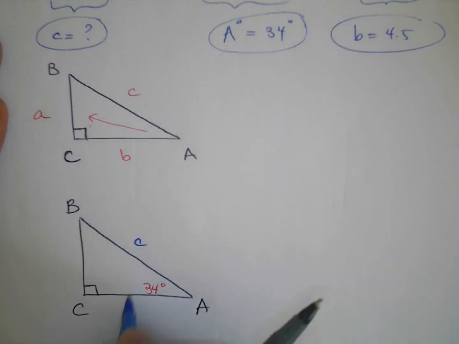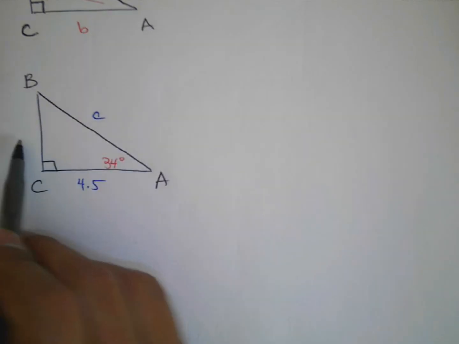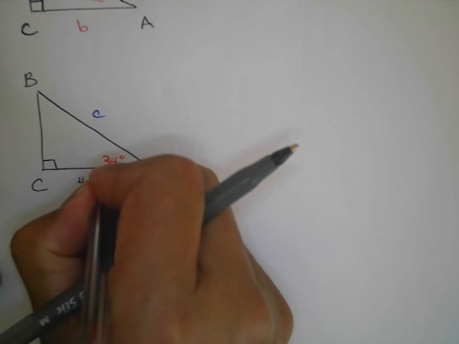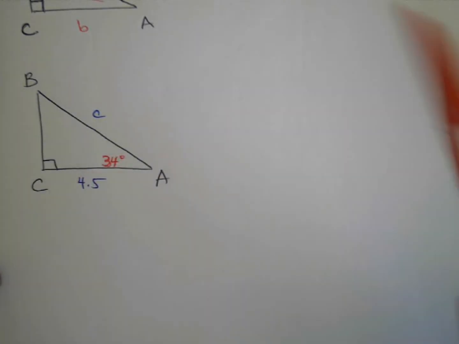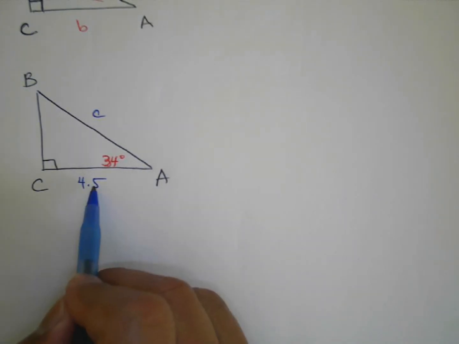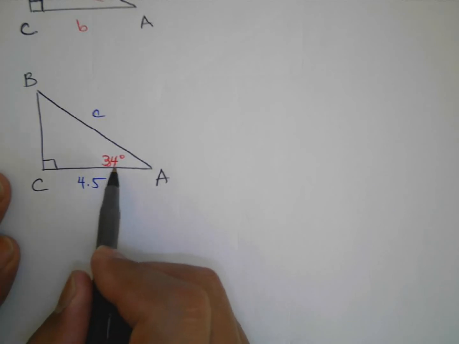Side B is across from angle B, 4.5. We don't need to put this other one. We don't need unnecessary information. This is what we need to focus on here. So we got one angle and one side. If you have a right triangle with one angle and one side, you should be able to use trigonometry to solve these missing parts, these missing sides.